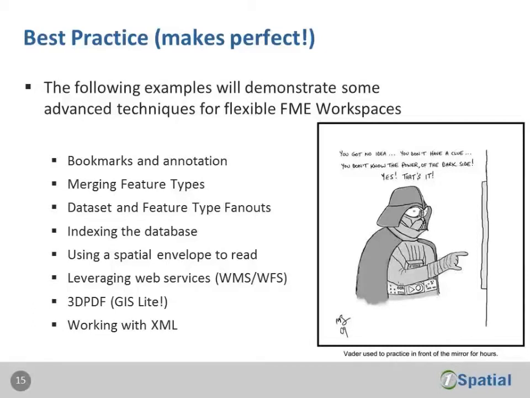There is also a couple of capabilities on input and output. So on input, you can merge feature types. So a feature type in FME is essentially a layer of data. And you can use FME to ignore the name of the layer and just read the data into the workflow.